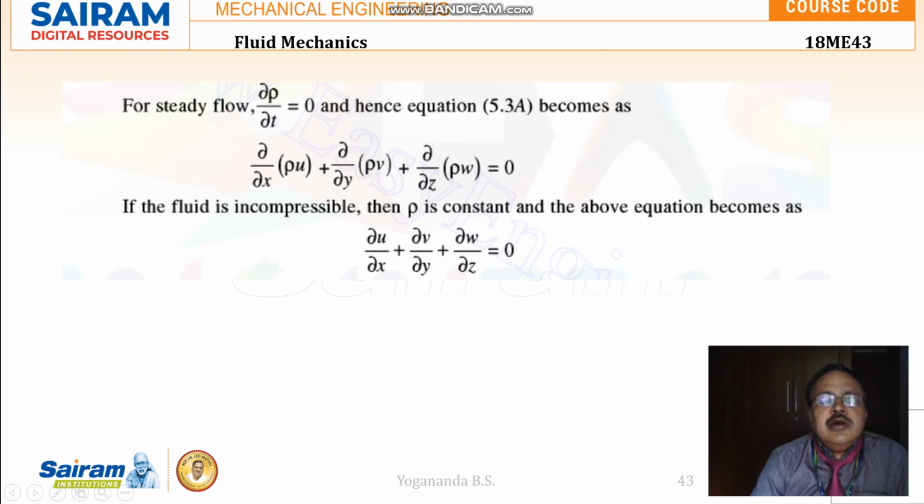If the fluid is incompressible, the density is constant, and for steady flow there is no change in density with respect to time. If rho is constant, taking rho outside, the other side becomes 0. So finally we are left with del u by del x plus del v by del y plus del w by del z is equal to 0. This is the continuity equation in Cartesian coordinate system.